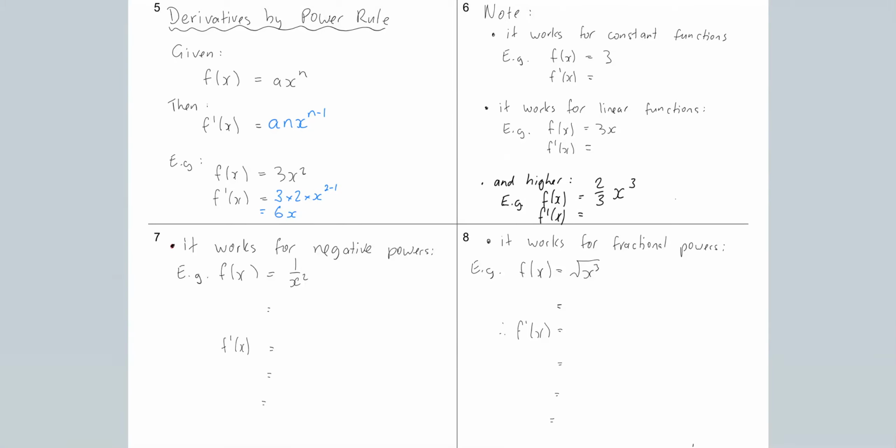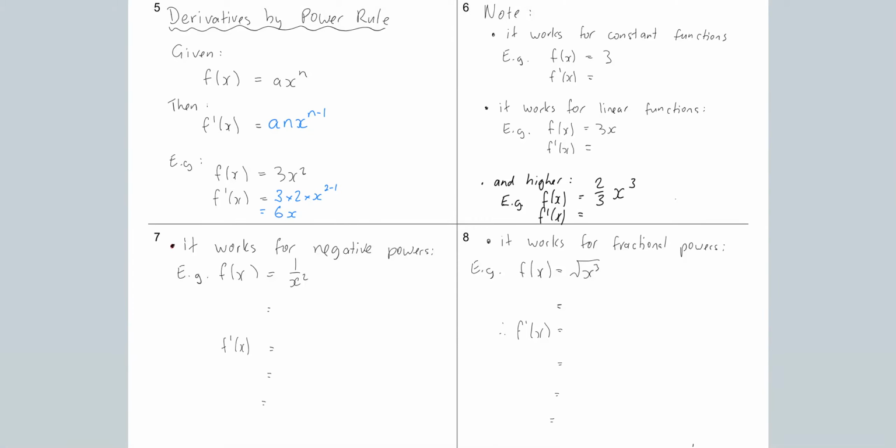And so that's the derivative. Now, in practice, we would never write that. We would just go, 3 2s are 6, x to the power of 1 less, so x to the power of 1. You would just go straight from that to that. So if f of x equals 3x squared, f dash of x equals 6x. The derivative function is 6x. The gradient function is 6x.